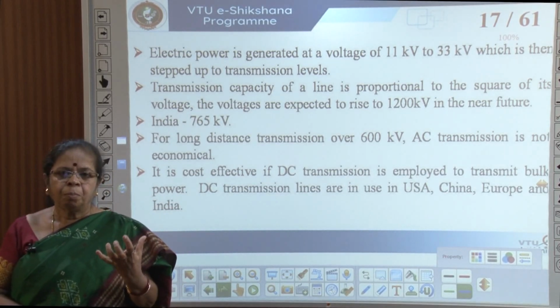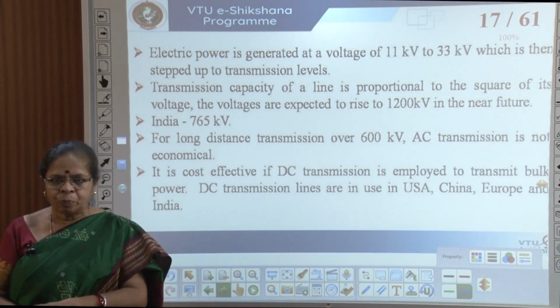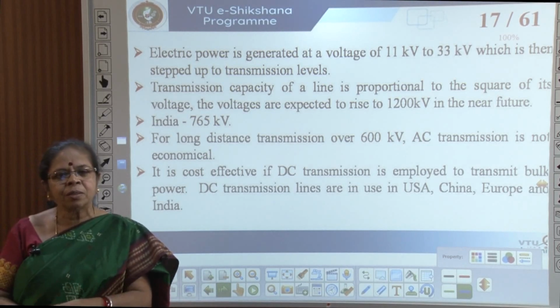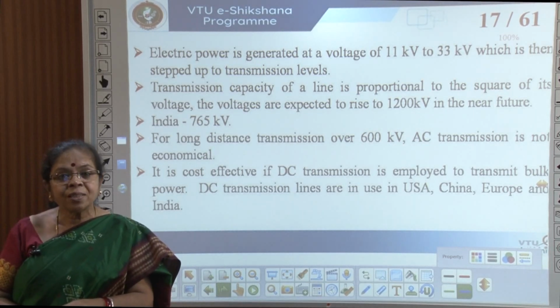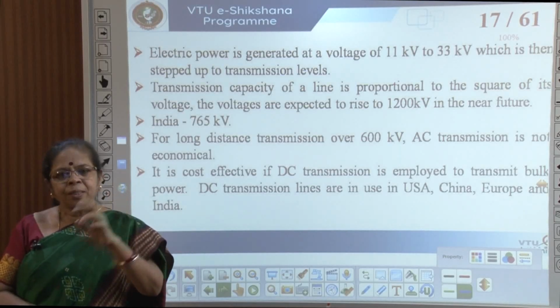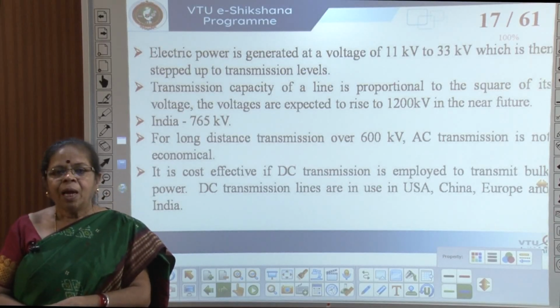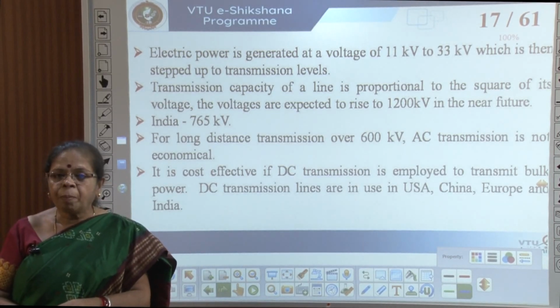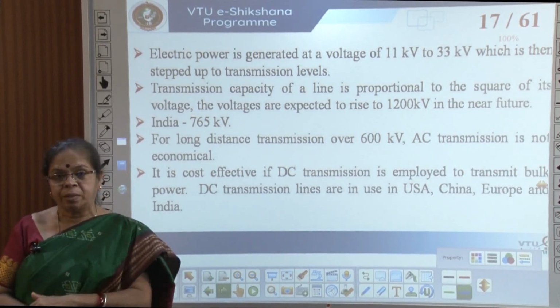Because power electronic technology matured. So, we had devices, the thyristors, the IGBTs and so on, which facilitated conversion from AC to DC and DC to AC. And then people started seeing whether DC systems are better for transmission over long distances.